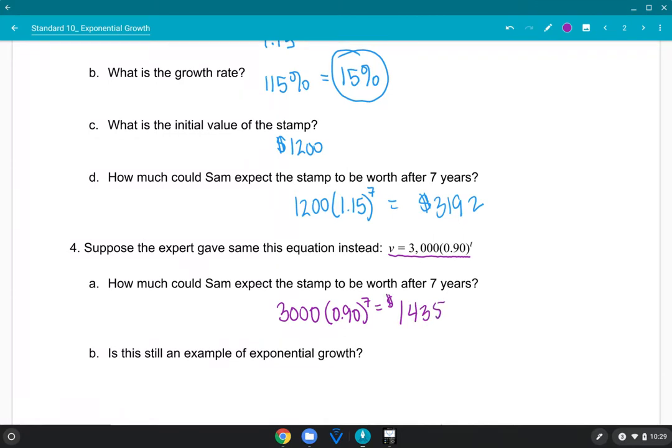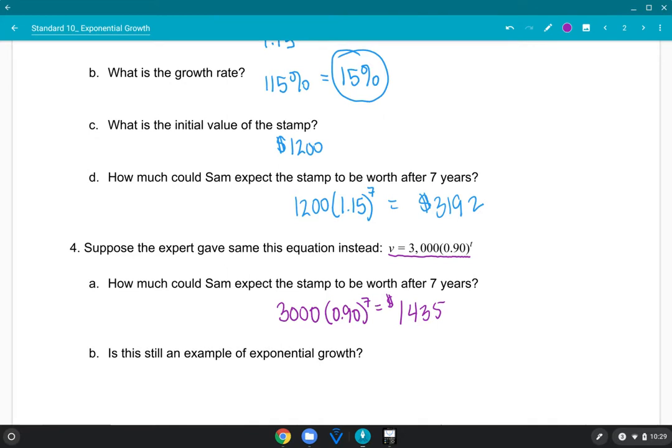Oh, you guys, was that an increase? If the expert gave him this equation, this means he said it's valued at $3,000 today. But what happens after 7 years? Is this still an example of exponential growth? I don't think so. This is no longer exponential growth.